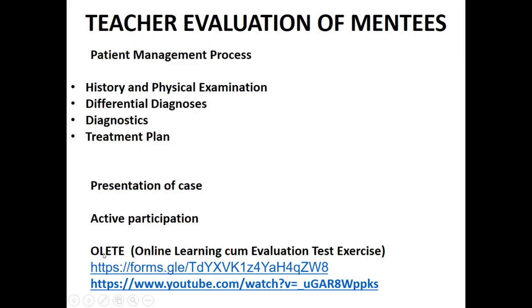Then at the end, I will be asking you to take this OLETE, online learning competency evaluation test exercise. There's a link here, so you just click on the link. It's sort of an objective type of questions. So you just take it, then perfect it. First try; if you don't perfect it, you just take it again until you get a perfect score. That's why it's called learning competency evaluation test exercise.